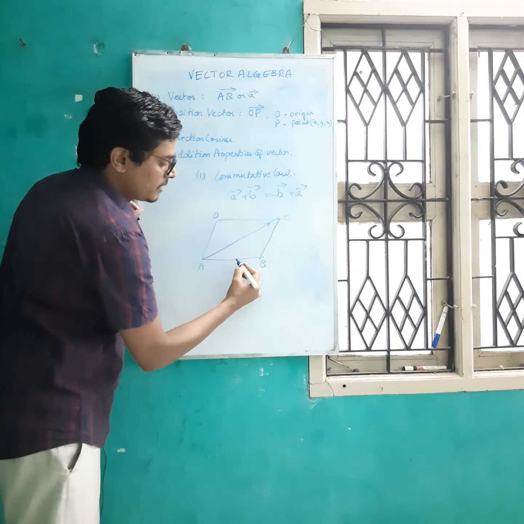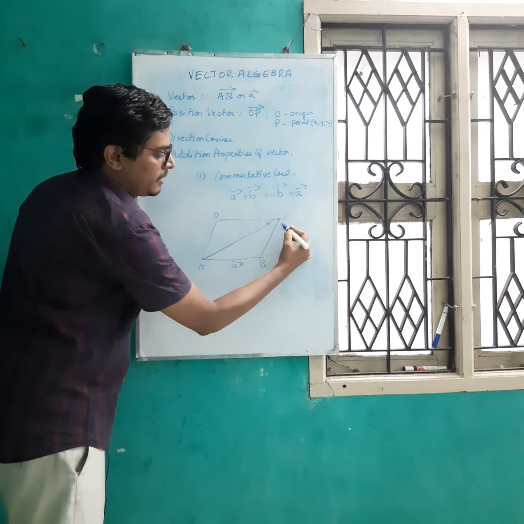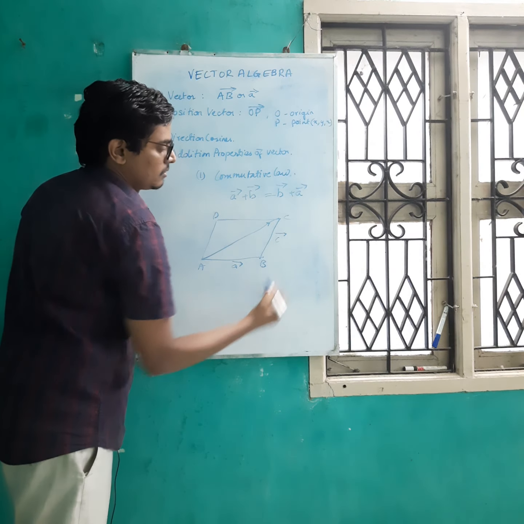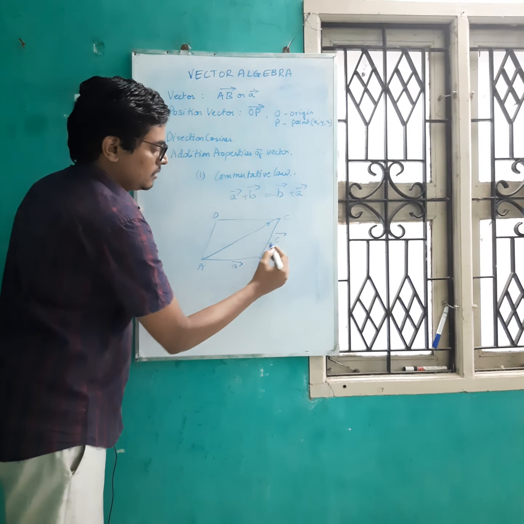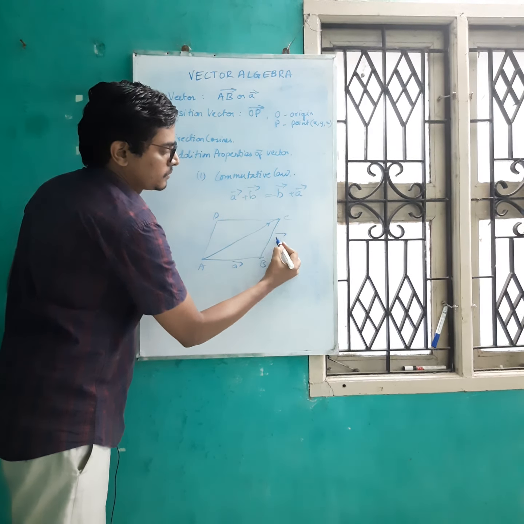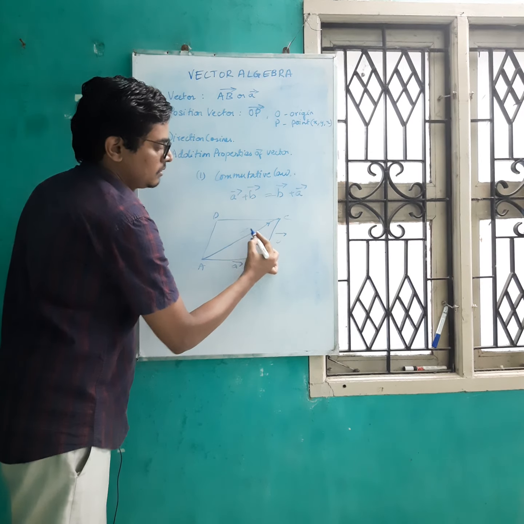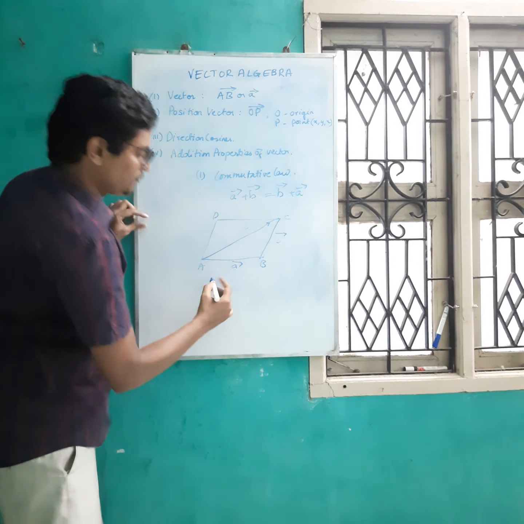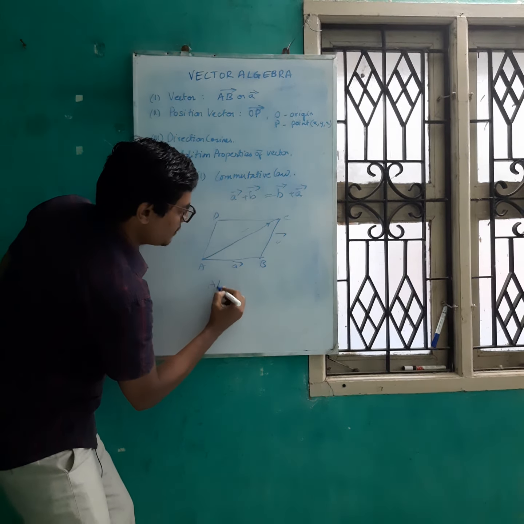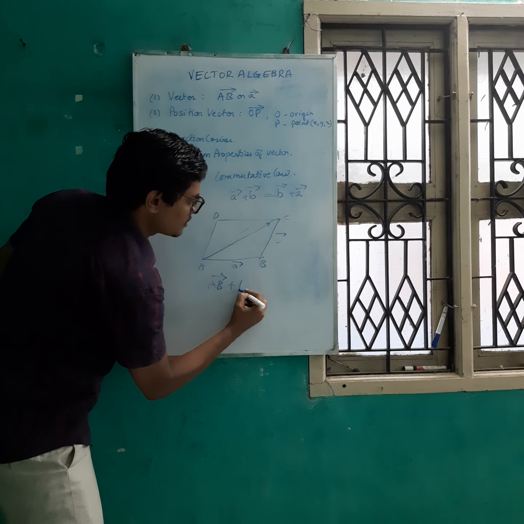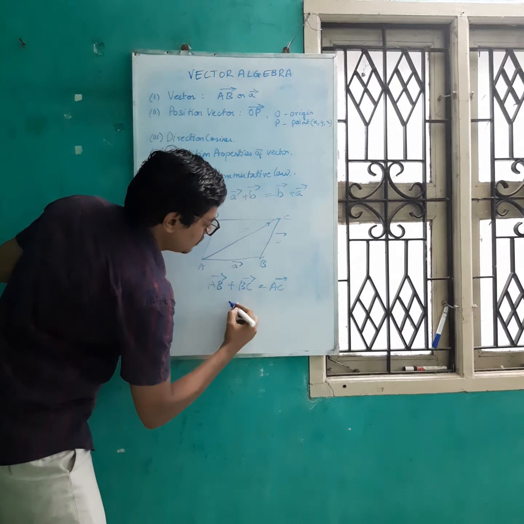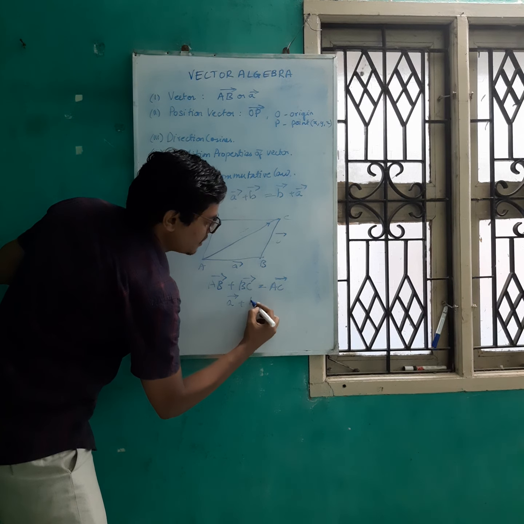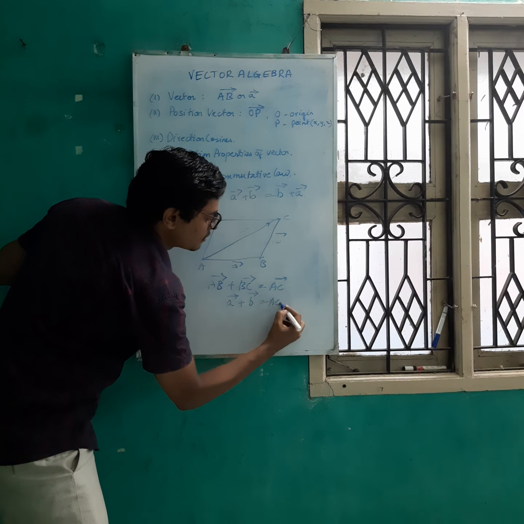Now AB represents A vector and BC represents B vector. Now AC represents C vector. Okay. So AB plus BC vector equal to AC vector, or A vector plus B vector equal to AC vector.